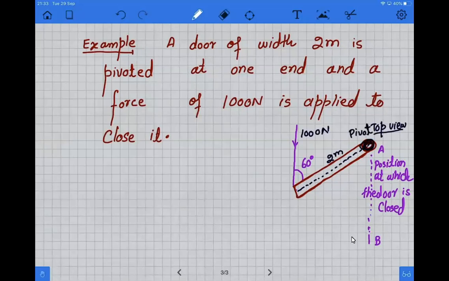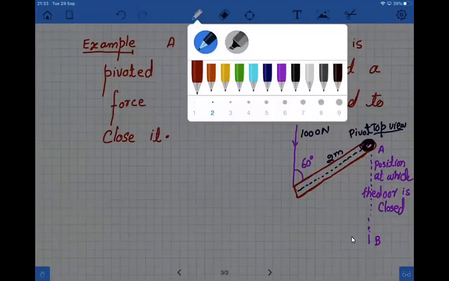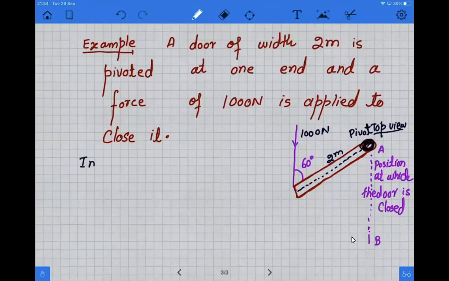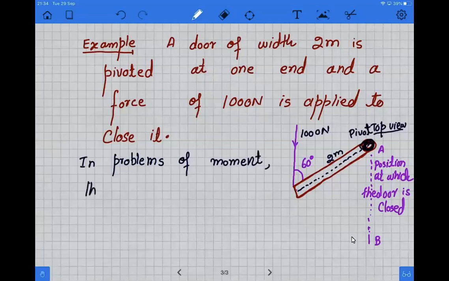To solve all the questions of moment, you have two options. Either take the perpendicular distance or resolve the force along the given distance. In problems of moment, there are always two options.